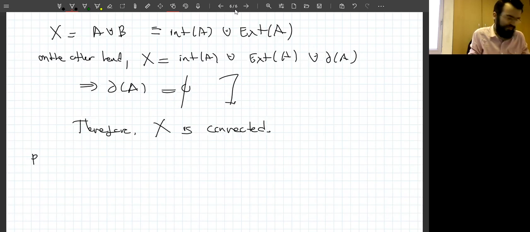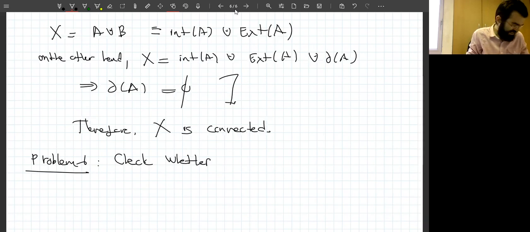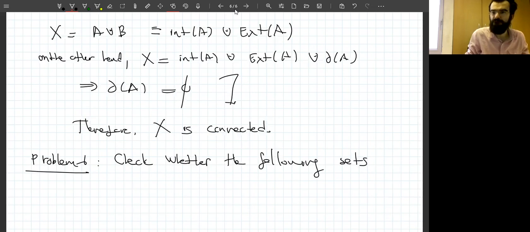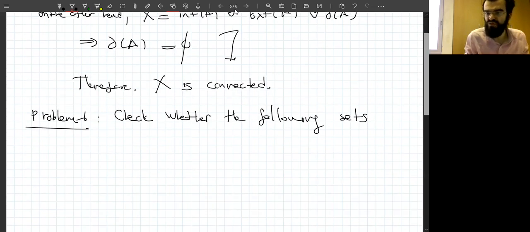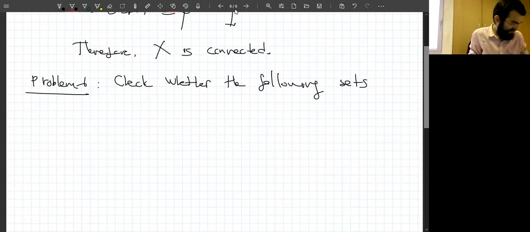Let me solve some more concrete examples. Problem 6. Check whether the following sets are compact, connected.